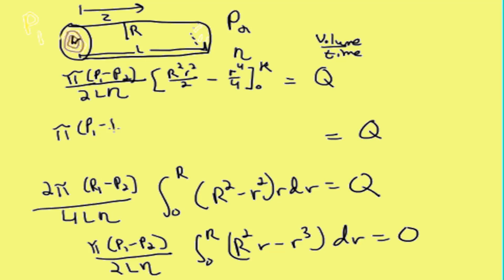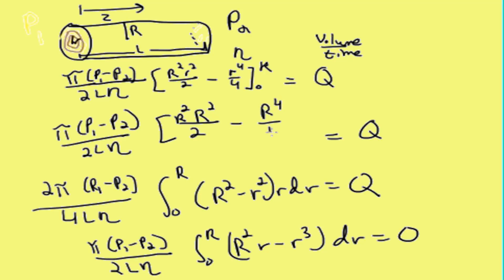So this is (P1 minus P2) over 2L eta, and this is going to be big R squared times big R squared over 2, because you put in the R here, minus big R to the 4th all over 4. That's going to be equal to Q. And then what we can see, this is big R squared times big R squared, so we can just rewrite this as big R to the 4th.